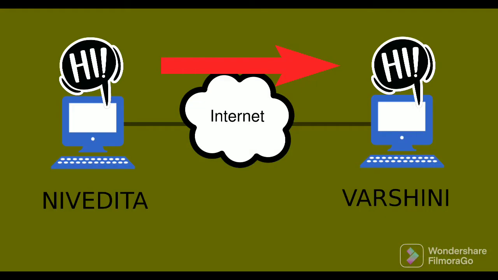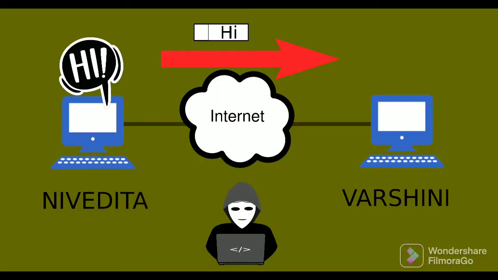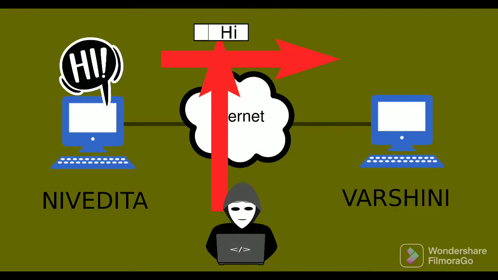Here a person X may appear in between, steal the message sent by Nivedita and read its content, and he may even edit the data and re-forward it to Varshini. These kinds of things may happen if our network security is low.